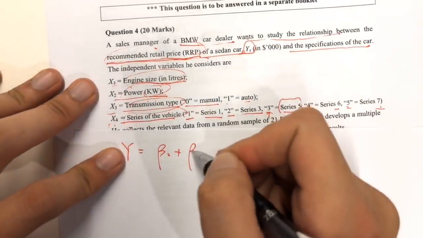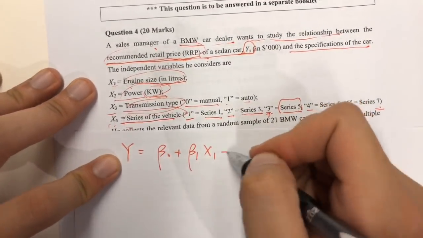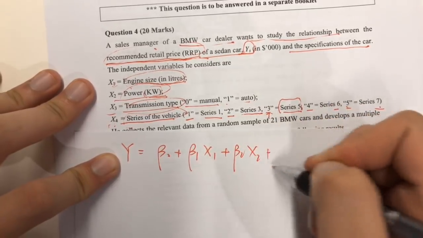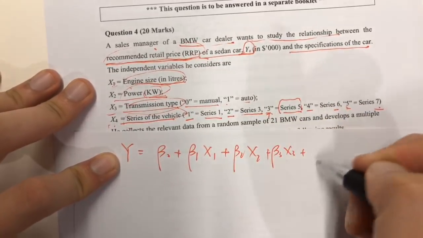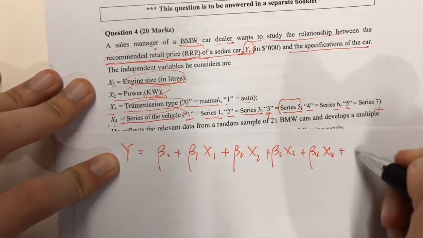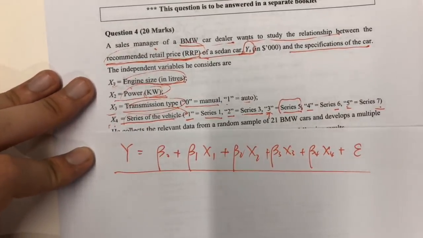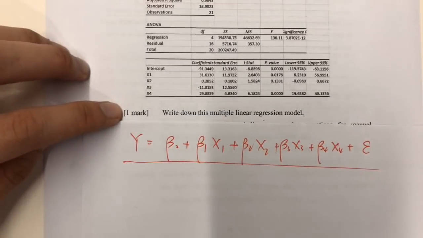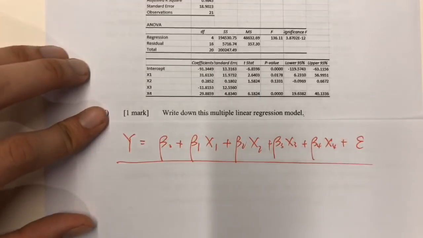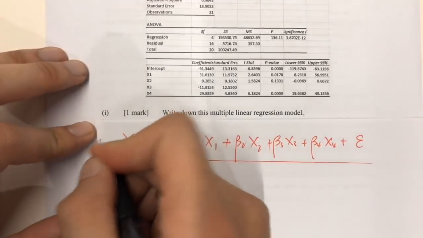So you can directly use beta 1 x1 plus beta 2 x2 plus beta 3 x3 plus beta 4 x4 plus epsilon. So this is exactly 1 mark secured, because this one was 1 mark. So this is question 1.